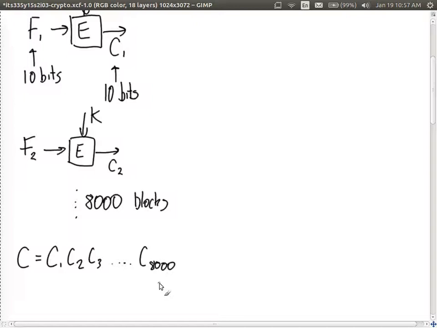Now, the way that we combine these blocks together, and in fact we do each block at a time, there are different ways. This one turns out not to be good, just to combine it directly. There are other ways called modes of operation. I'll show you some slides that illustrate different approaches for that.